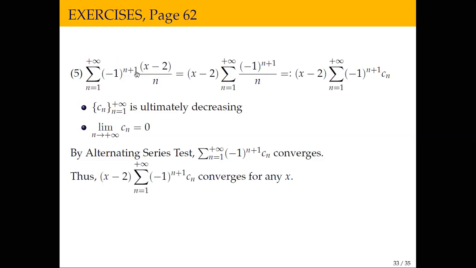Therefore, this one is convergent for all values of x. Therefore, that only means that the radius of convergence is infinity and your interval of convergence is the real number line. And that's how you answer number 5.